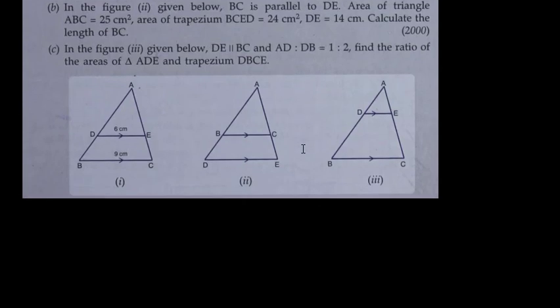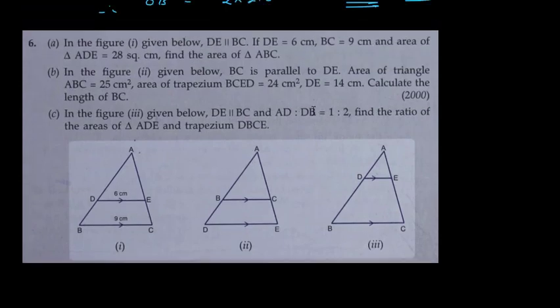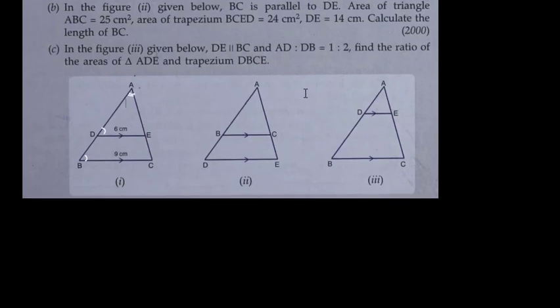Here we can easily understand that triangle ADE and triangle ABC are similar, because DE is parallel to BC, so their corresponding angles are equal. Angle A is common between these two triangles. So by the similarity principle, triangle ADE is similar to triangle ABC.